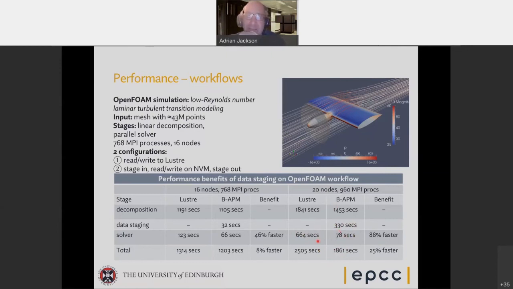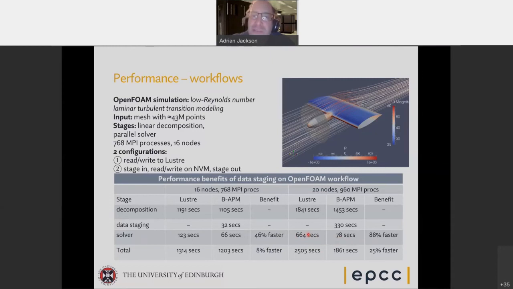But actually, what we're doing here is we're running the solver for quite a short period of time just for our benchmarking. In reality, this solver will be running for a much longer set of iterations, and then that benefit would be much higher. And the nice thing about this is you could easily argue that in this scenario, the way we're running OpenFOAM, we're doing more I/O than you would generally do.